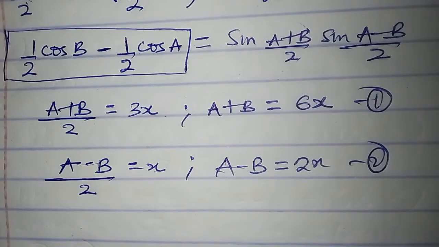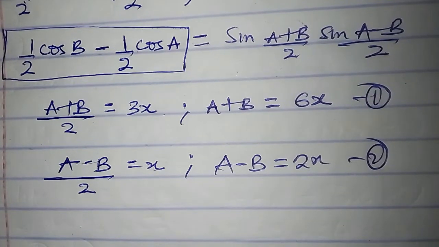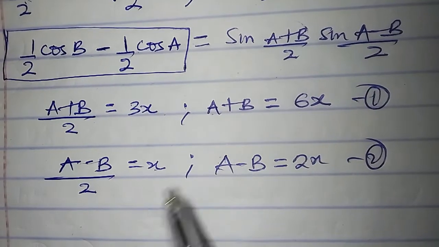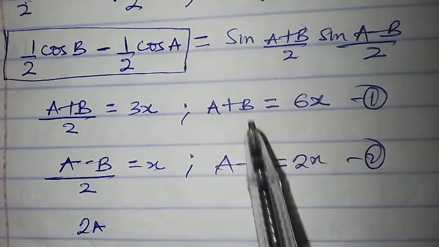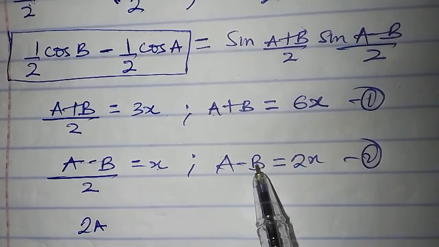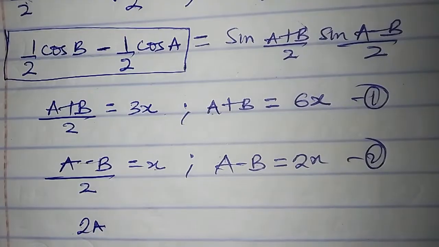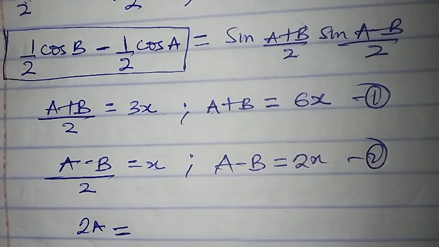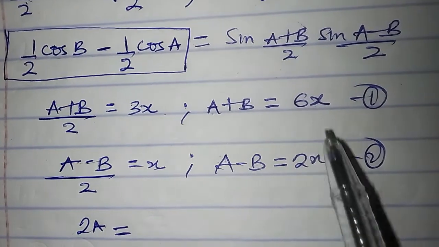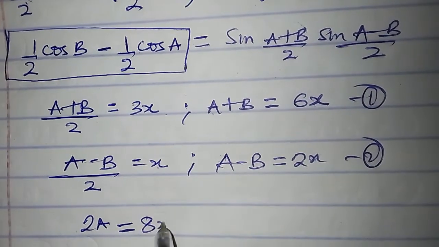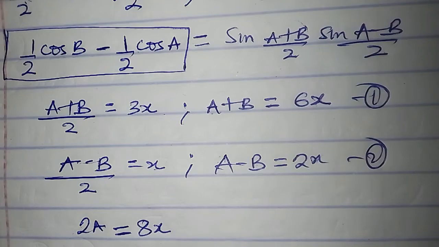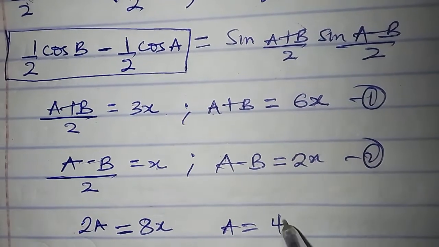Equation 2. So, let's get a by adding equation 1 and 2. If we add, a plus a is equal to what? 2a. If we add this to b plus minus b, is 0. So we have 2a is equal to 6x plus 2x, that's 8x. Dividing both sides by 2, a is equal to 4x.